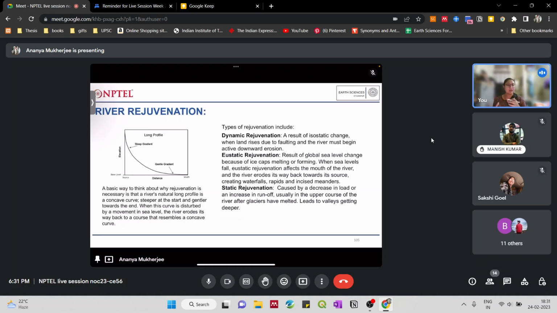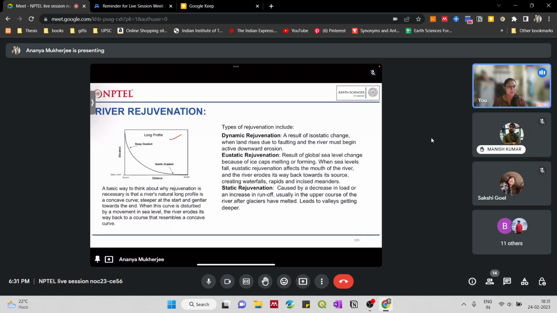If the normal behavior of the current river system is disturbed, the adjustments that the river will make will be so that it can come back to this same long profile. It will again come back to a state where this is maintained. So it will always maintain this steep gradient and then going to gentle gradient, no matter what kind of disturbances the river system is going to face.